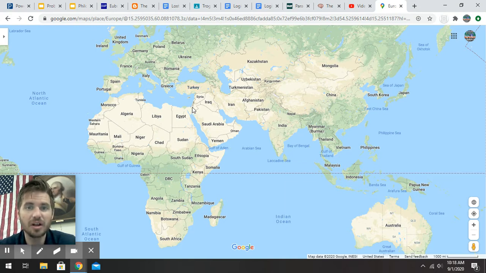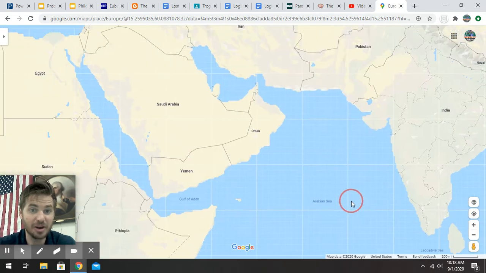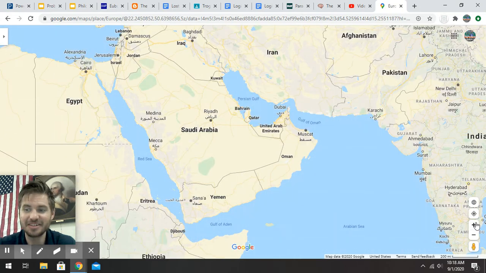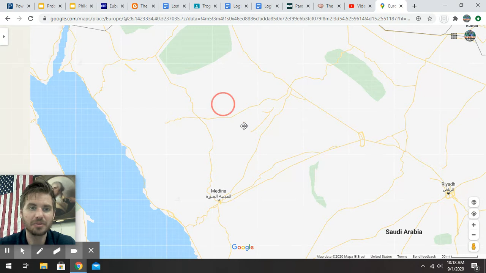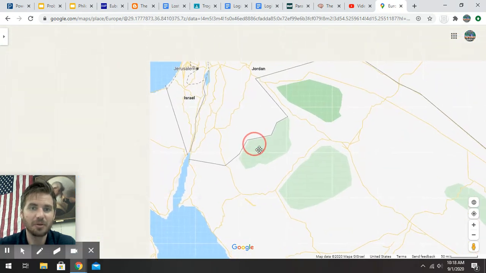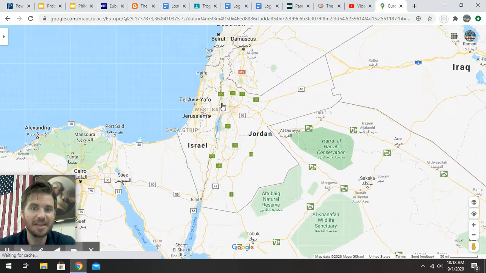This is where all of the three Abrahamic religions spawned from. And this is pretty wild because this is the part of the world that we hear the most about in terms of conflict. But we're talking about this area right here.